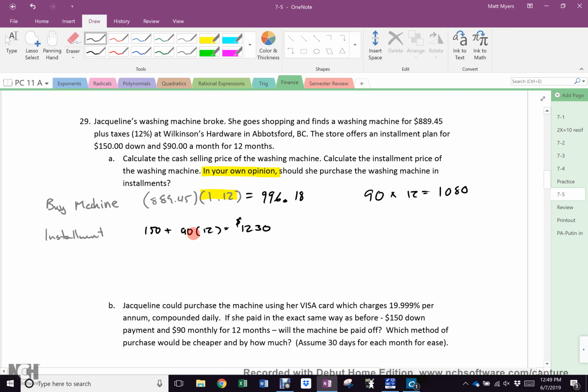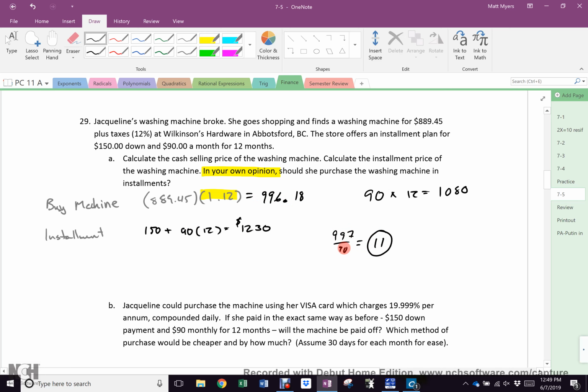All right. So if you could save $90 a month and put it in the bank, how long would it take to get up to here? $997 divided by 90. You could have your washer in only 11 months if you just took that 90 and saved it.